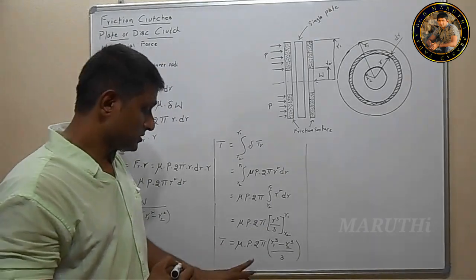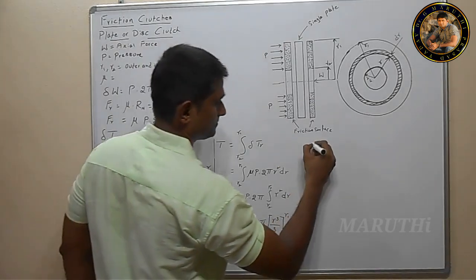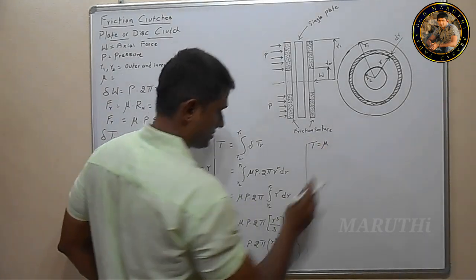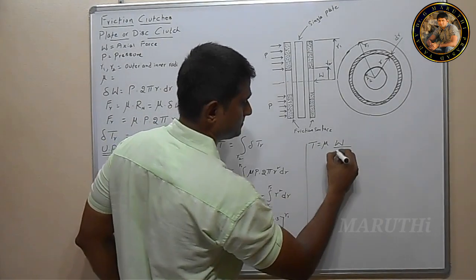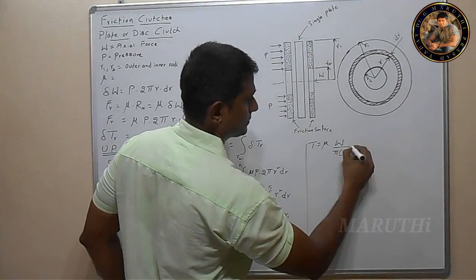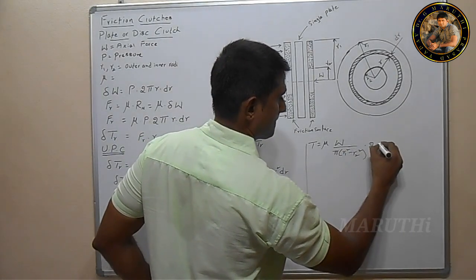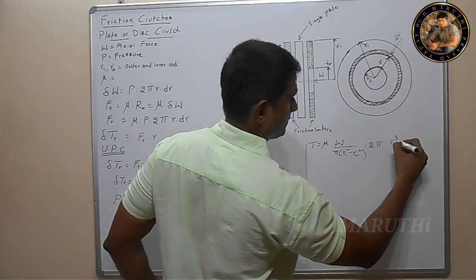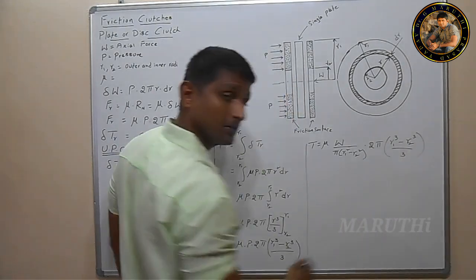Now, again, we know that pressure is W by pi (R1 square minus R2 square), which we substitute here. So torque is equal to mu times W by pi (R1 square minus R2 square), into 2 pi, times (R1 cube minus R2 cube) by 3.